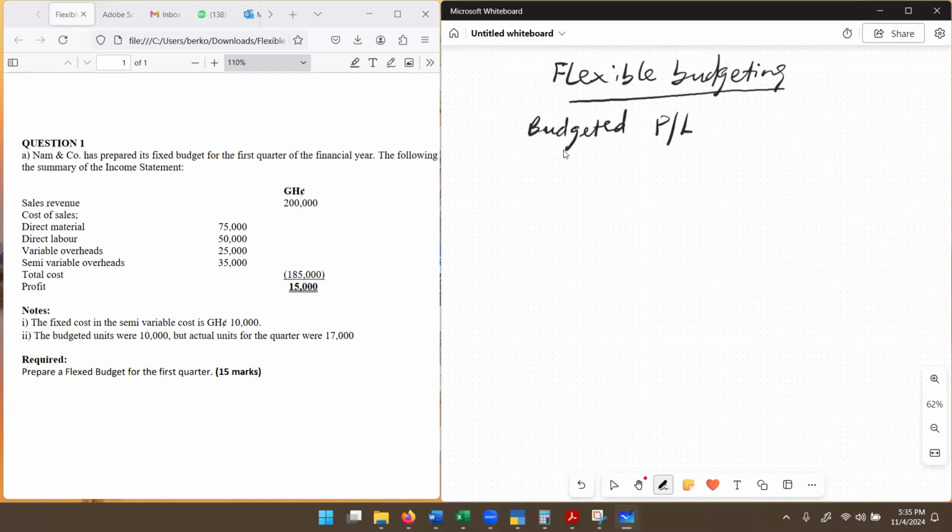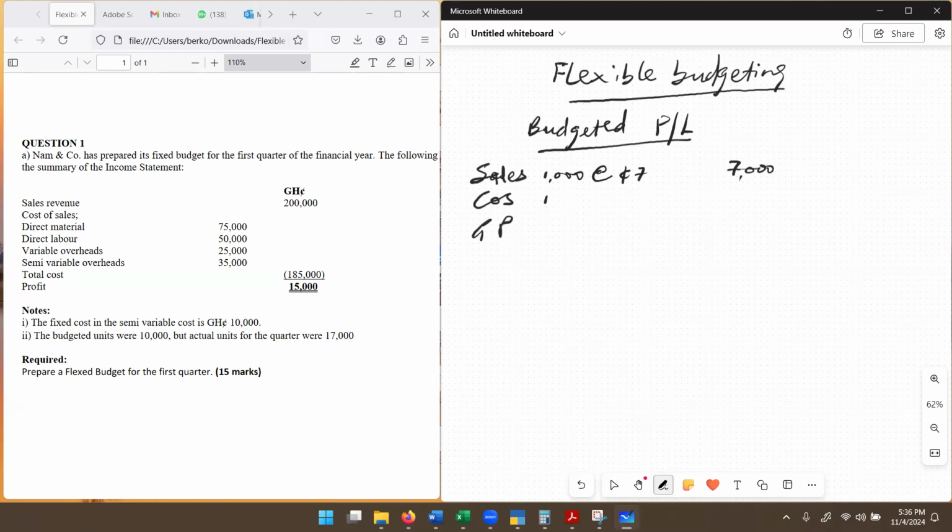P&L. And then we have sales. We have cost of sales. Then we have what? Gross profit. So assuming our sales is based on 1,000 units at maybe 7 cedis, that will give us sales of what? 7,000.